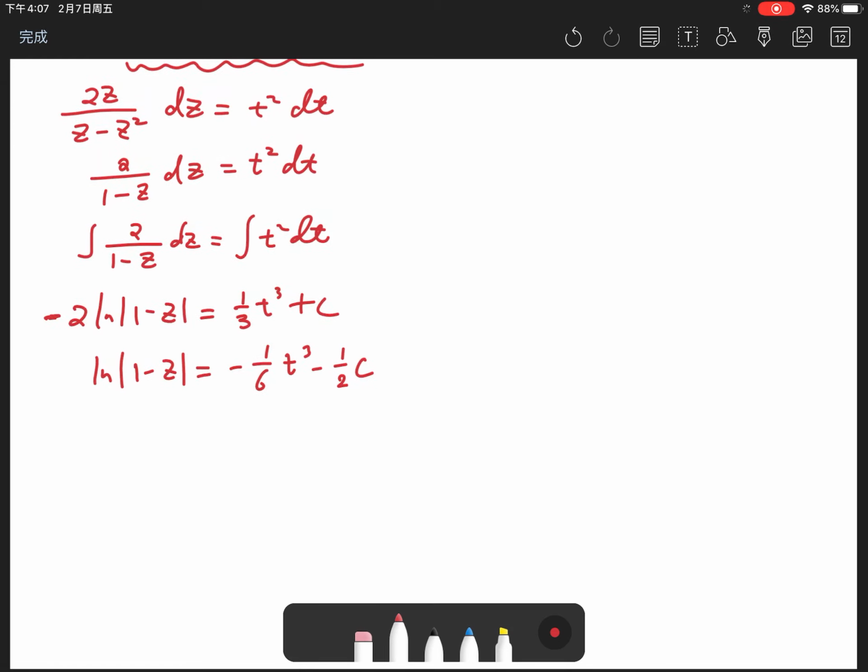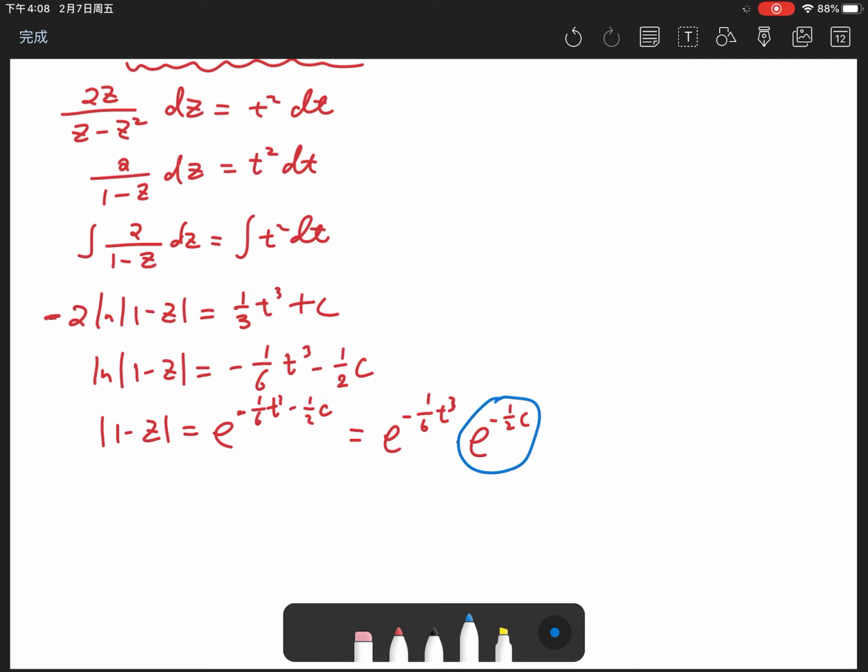Now we use the definition of ln. So the absolute value of 1 minus z equals e to the power of negative 1 over 6 t cubed minus 1 over 2 c, which is e to the power of negative 1 over 6 t to the power of 3 times e to the power of negative 1 over 2 c.